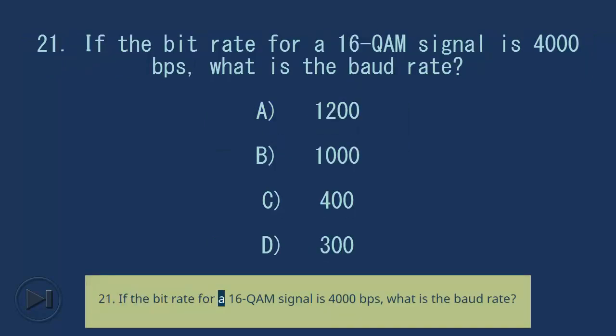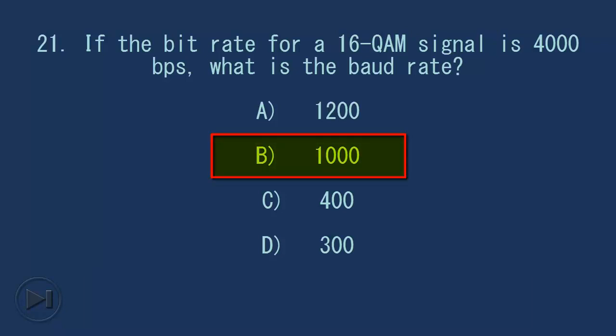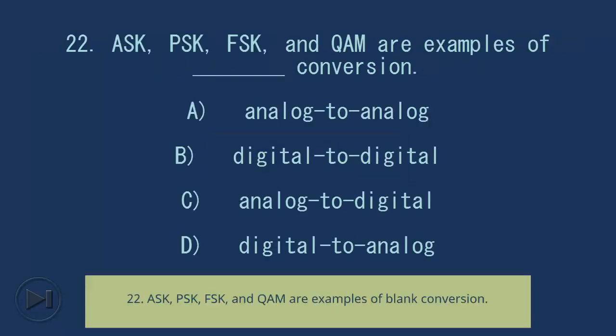21. If the bit rate for a 16 QAM signal is 4000 bps, what is the baud rate? A. 1200. B. 1000. C. 400. D. 300. Answer, B. 1000. 22.